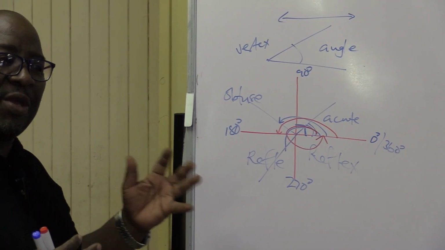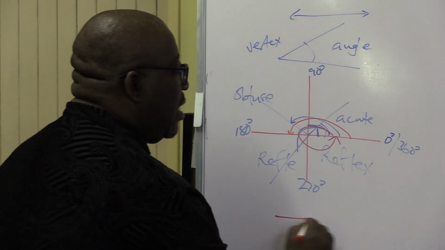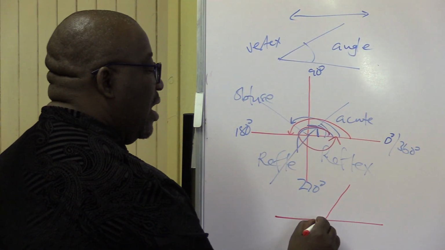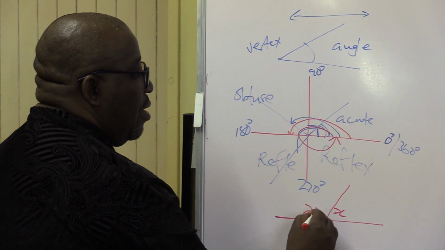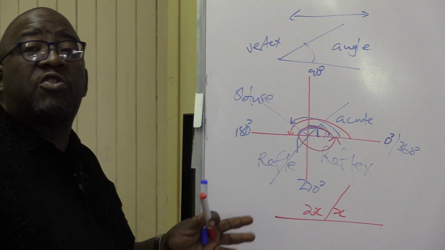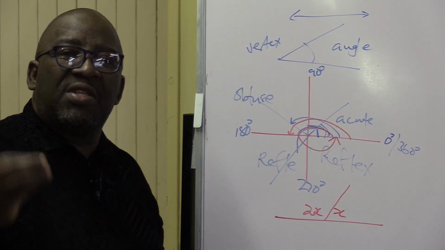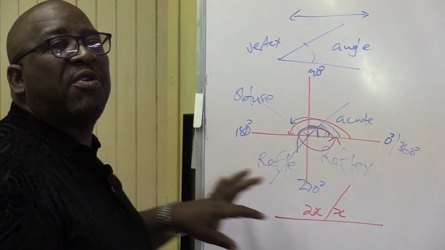In your grade 8, that's what you learn, and it will come up in your grade 12. For example, when you talk about angles, if I've got an angle like this, I've got x here, I've got 2x here. In your grade 8, you'll find a question like this that says, solve for x. The question is not actually asking you to find x. It is checking whether you understand the types of angles.